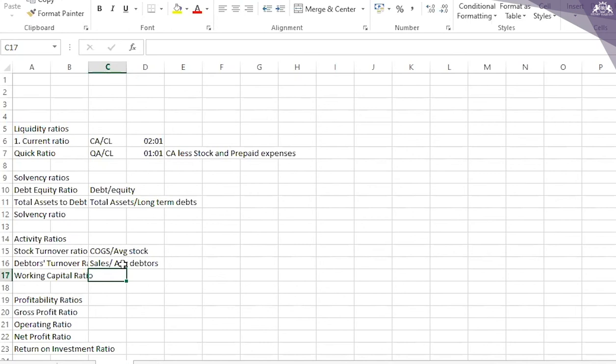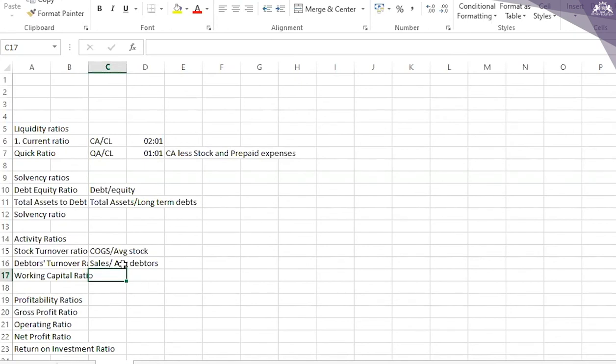How quickly do I recover my outstandings, my debtors, from the sales that I have made? This indicates the efficiency in the collection of amount due from debtors.